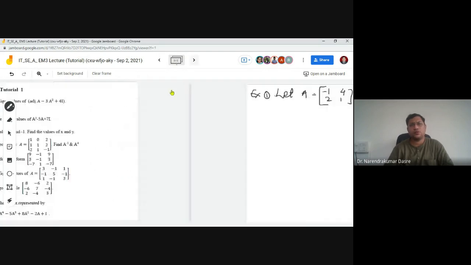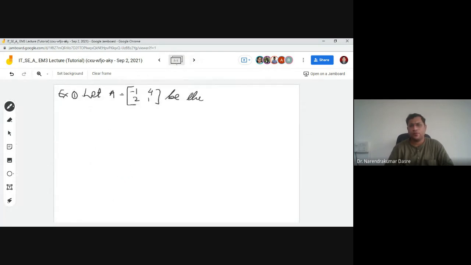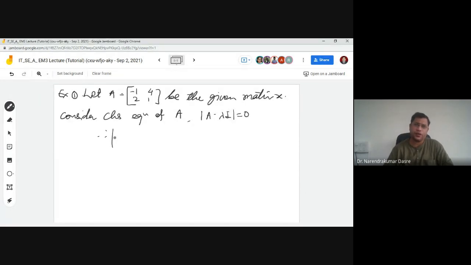Okay, so that is the given matrix. Then what we have to do is consider the characteristic equation of A. So what is the characteristic equation of A? Determinant of A minus lambda I is equal to 0. So we got here minus 1 minus lambda, 4, 2, 1 minus lambda, and this is equal to 0.